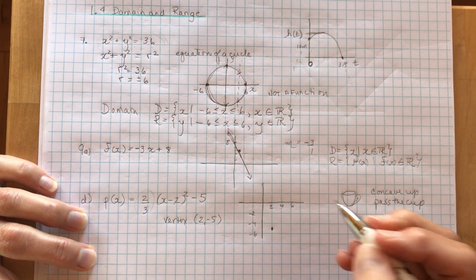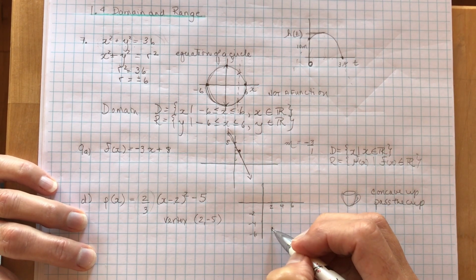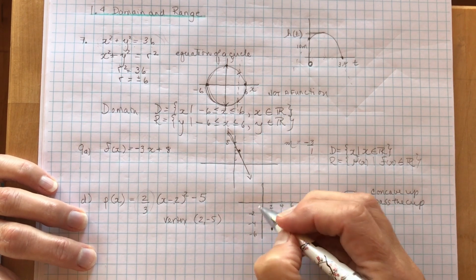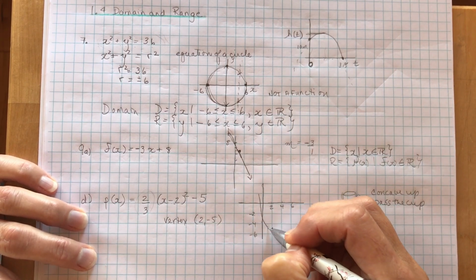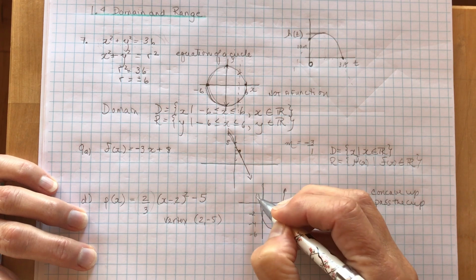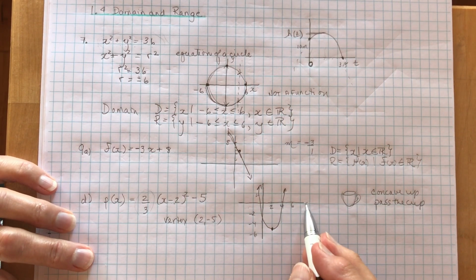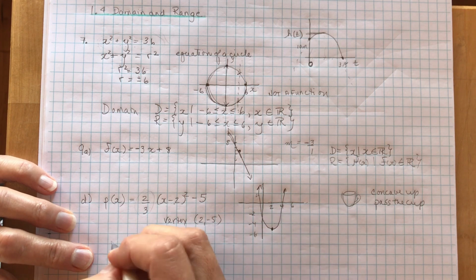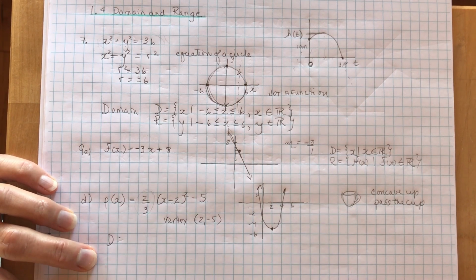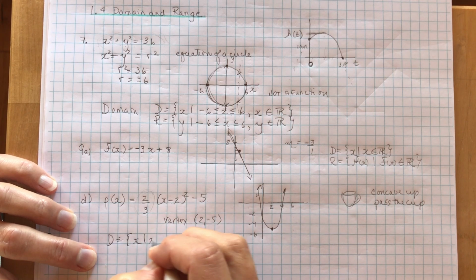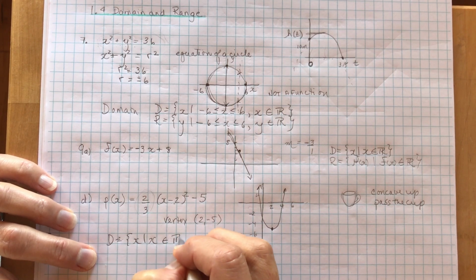So it's going to be concave up. I don't really care where it's going to cross the x-axis. That's not part of this question. So I know it's going to go something like this. That's all I need to know, because I know that the domain of a quadratic is real numbers. So domain equals x. X is an element of real numbers.